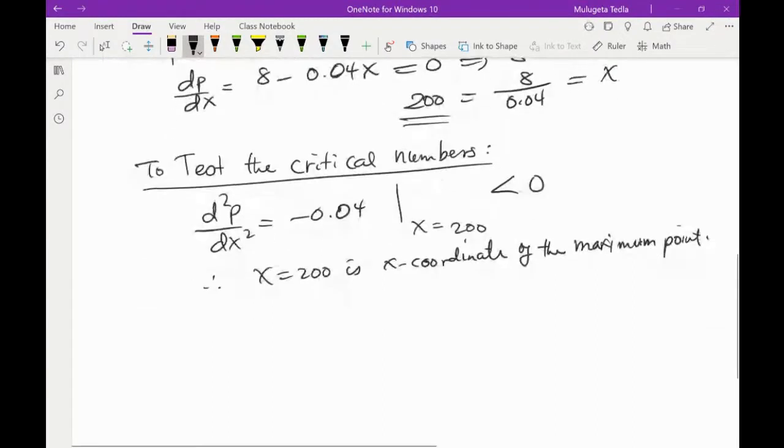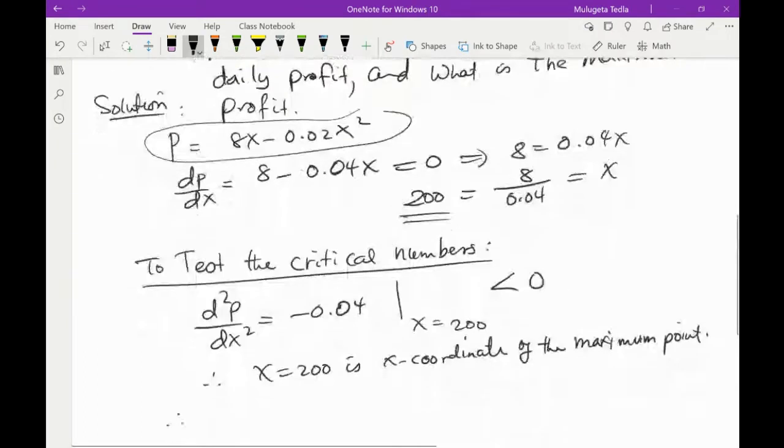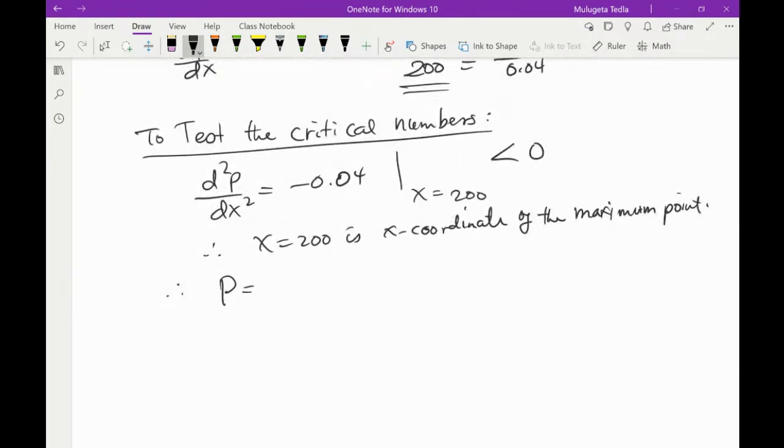So what is the maximum profit? When you plug the critical number, which is of a maximum point, into the main function, which is the profit function, profit equals 8x minus 0.02x squared.